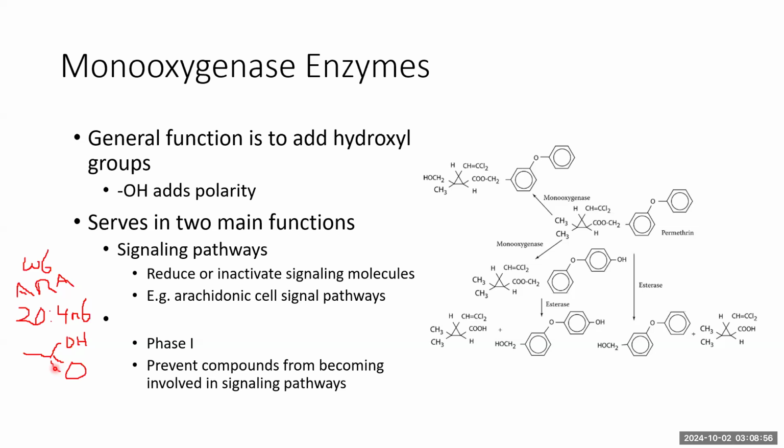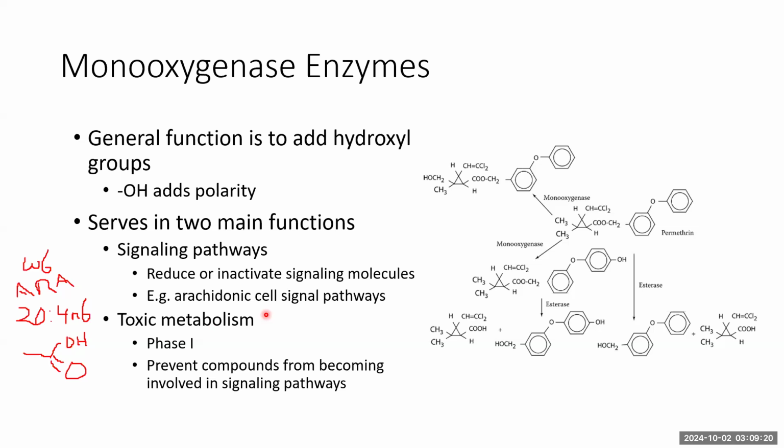All right, so that's one way in which monooxygenases work. And then the way that we've been focused on here is in toxic metabolism, where they're doing the same thing, but kind of inside a cell rather than maybe outside a cell. So monooxygenases are involved in phase 1 metabolism.